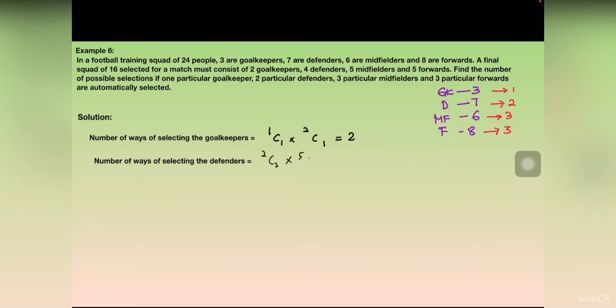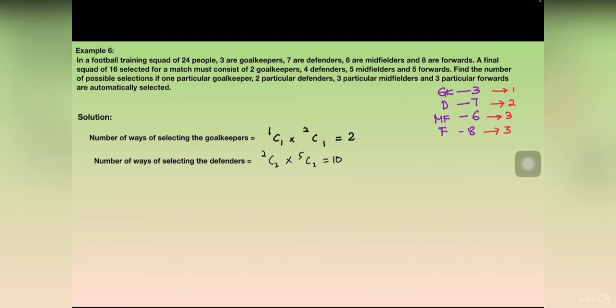The number of ways of selecting the defenders. This is the particular one. We have 2 particular defenders, so this 2C2 has got to be chosen. We need to have 7 defenders. The left behind are 5, and we want to choose 2, because just now 2 are already chosen.